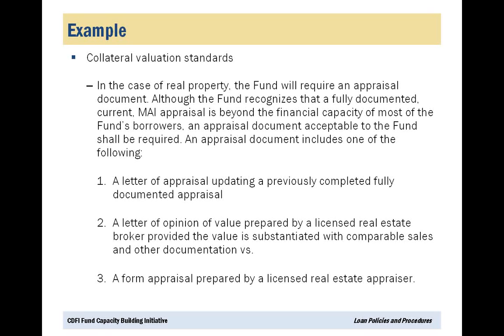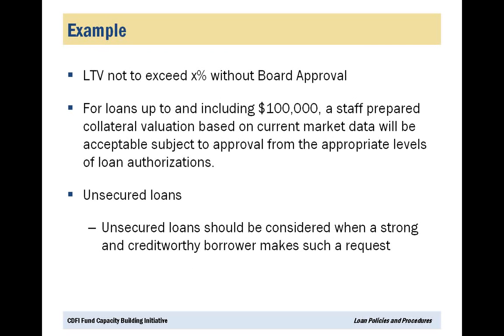You have to decide what your underwriting criteria are. The interesting thing to note about us as CDFIs is sometimes we work in communities and neighborhoods where we are more knowledgeable than the appraisers. We are more knowledgeable than a lot of people about what's going on in our markets. And so sometimes, if there's a broker that we think has really good information and we can do some kind of analysis in conjunction with that broker, we might accept that.